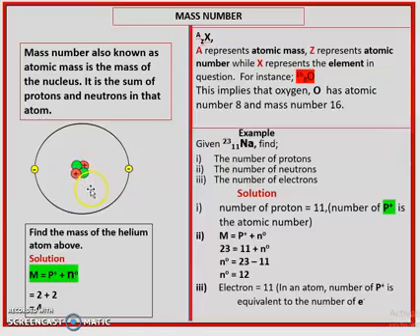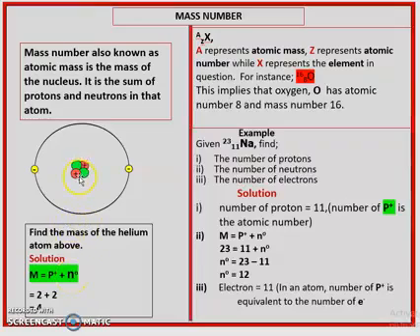For instance, in this structure, this is a helium atom. Find the mass of the helium atom above. If you have to find the mass of this atom here, you already know that atomic mass is equal to the number of protons plus the number of neutrons.